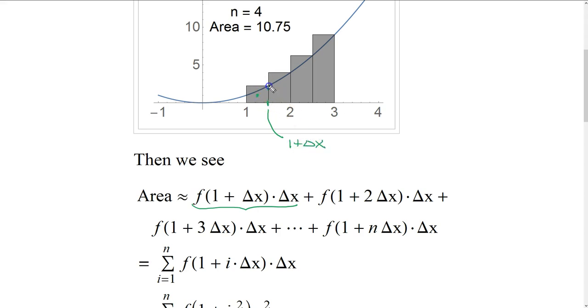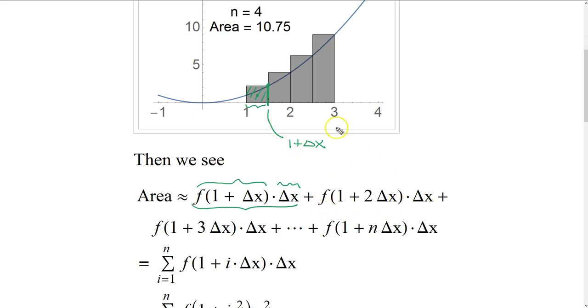So the height of the rectangle, this distance right here, that is f of 1 plus delta x, because that point is on our curve. So this is our height right here. And then the width of the rectangle is delta x. So this is the width. When we multiply these together, we get the area of the first rectangle.